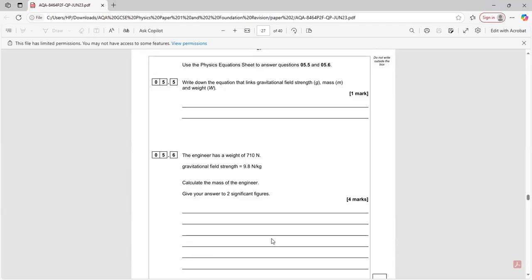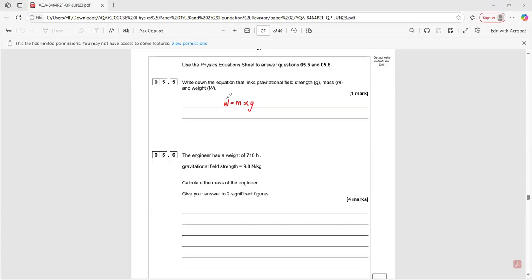I don't know if they will give you a physics equation sheet, but when I was writing physics, even as low as O level, they never gave us anything like an equation sheet. You have to memorize all your formulas yourself. You guys are really having it easy here with this question. So this is the formula.